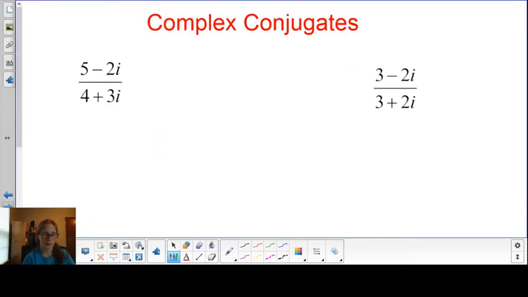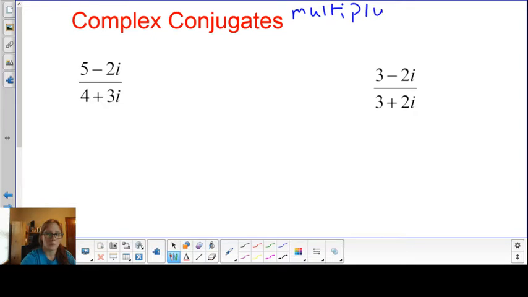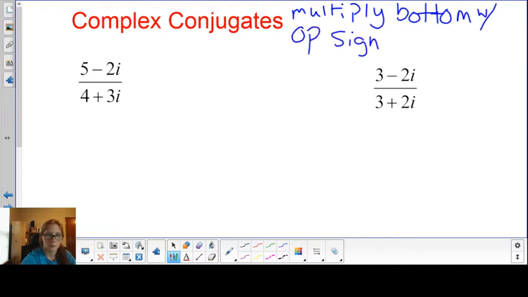Alright, complex conjugates. Conjugates means that what we're going to do is multiply by the bottom, everything by the bottom with the opposite sign in the middle.